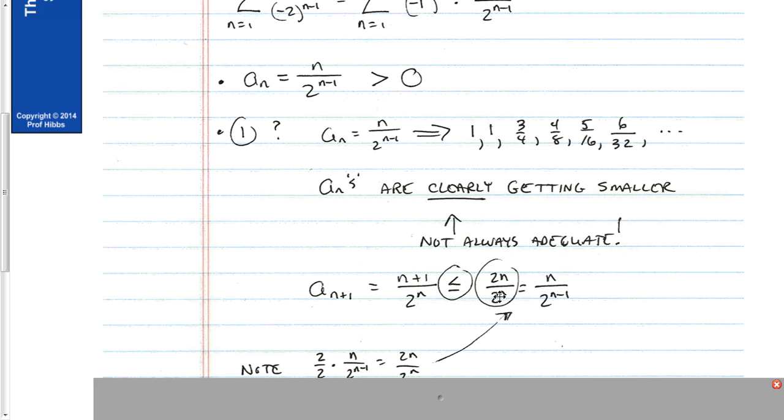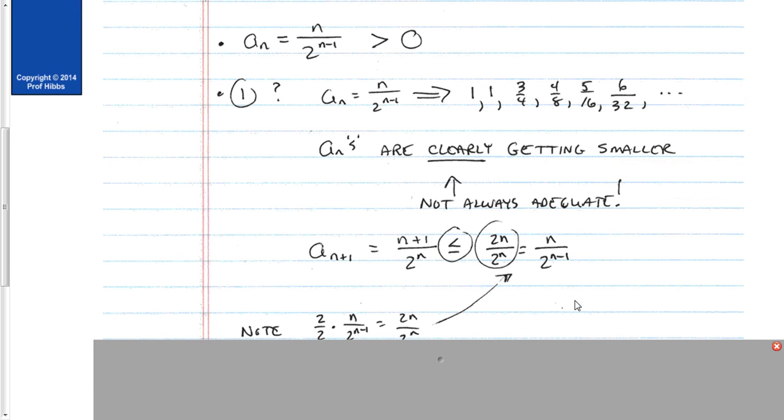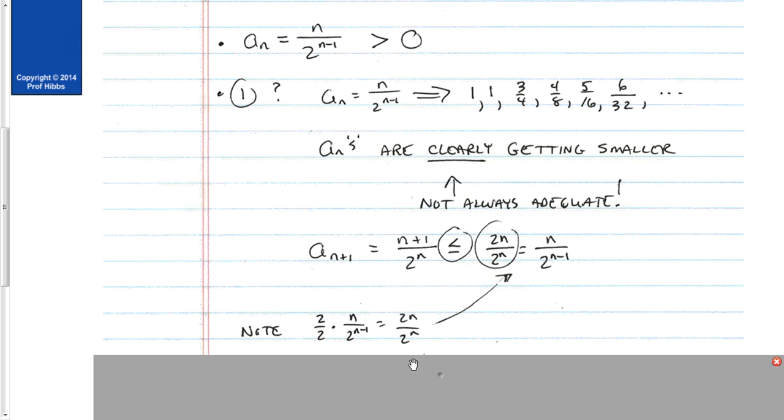This fraction will simplify by simply thinking of, notice, what we can do with this fraction is we can think of 2 times n and 2 times 2 to the power. In other words, I'm multiplying, I'm not explaining this well here.